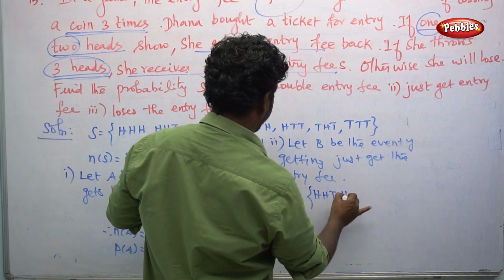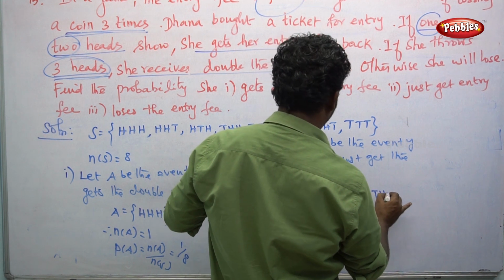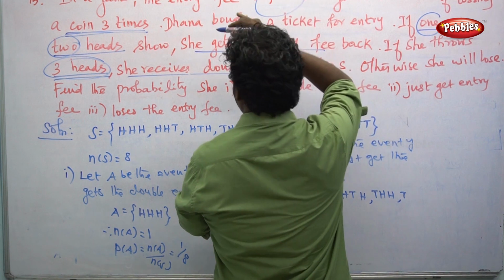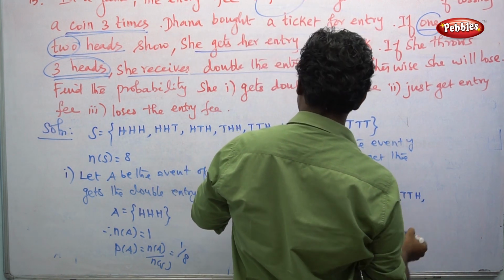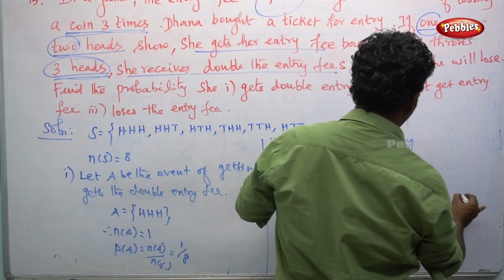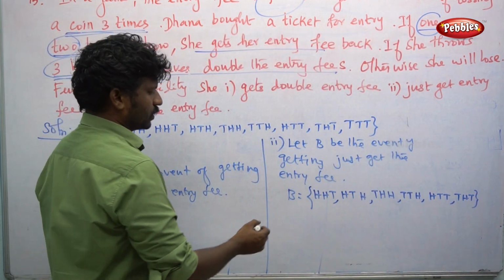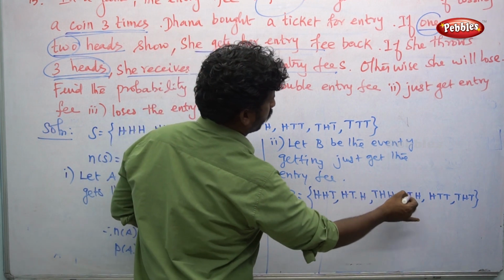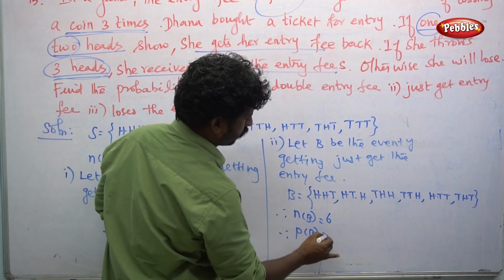Then இங்க 2 head இருக்கா, head tail head, then இங்க 2 head இருக்கா, tail head head. இங்க 1 head இருக்கு, அவங்க 1 or 2 ரெண்டுமே எடுத்துக்கலாம்னு சொல்லிருக்கு இல்லையா, so tail tail head, right? அப்புறம் இங்க head tail tail, then tail head tail. So 1 or 2 head உள்ள numbers எடுத்துருக்கேன். So totally this is n of B is equal to 1 2 3 4 5 6. So therefore the P of B is equal to n of B by n of S, right?